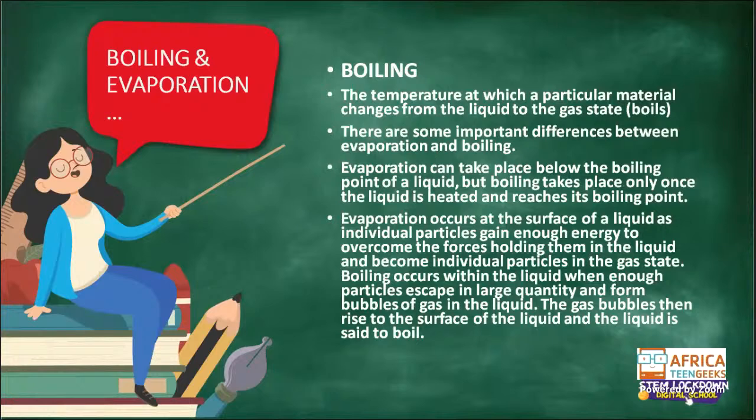Now, we look at evaporation. Evaporation occurs at the surface of a liquid as individual particles gain enough energy to overcome the forces holding them in the liquid and become individual particles in the gas state, as we can see from the previous slide. In a solid, the particles were close; in a liquid, they were being separated bit by bit, but in the gaseous state, the particles were far apart. Now, boiling occurs within the liquid.